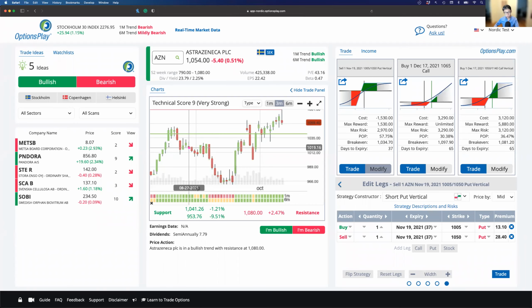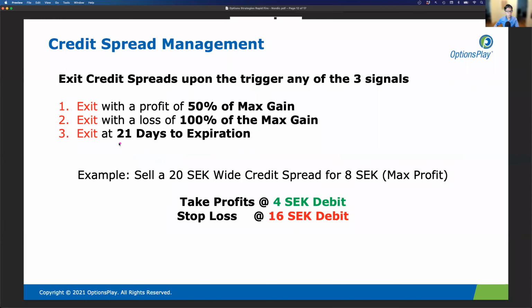So by doing so, you're going to avoid any scenarios where you thought you were taking a bullish trade, all of a sudden now you own 100 shares of the underlying stock. And sometimes you may not even have enough capital to buy 100 shares of that stock. So for those reasons, you want to exit these trades at 21 days to expiration.